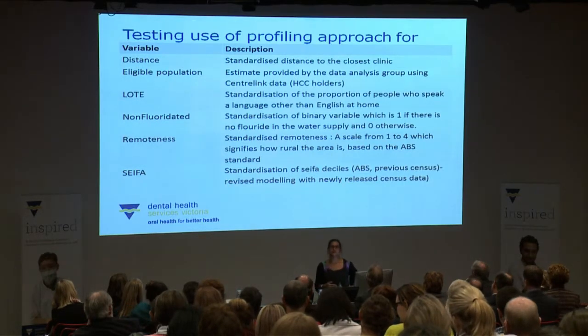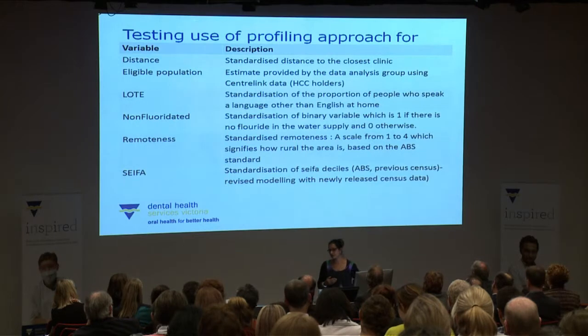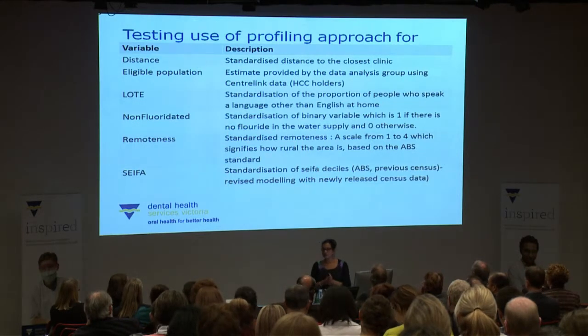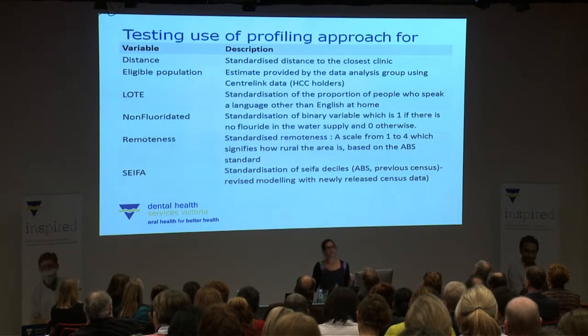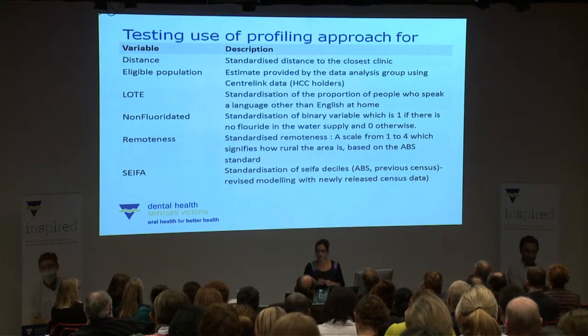Through the series of analysis and testing, we came to use 6 variables to come up with some population profiles that we could apply across the state. Some of this was informed by data, so that we had a statewide spread of data and high confidence in the data we were putting into the model.